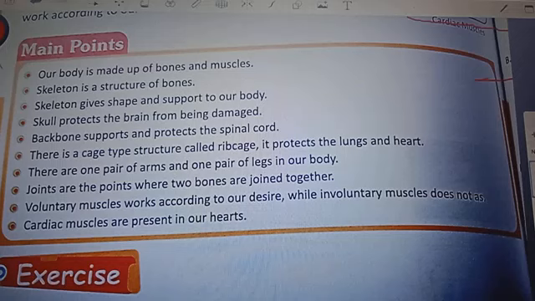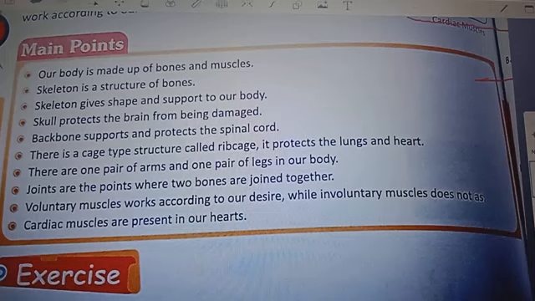There are one pair of arms and one pair of legs in our body. One pair means two. Then we spoke about joints. Joints are the points where two bones are joined together.